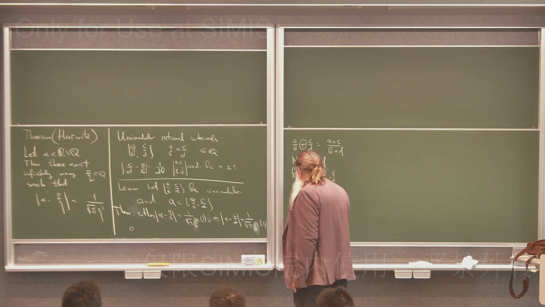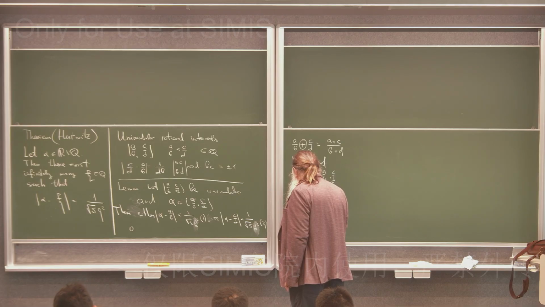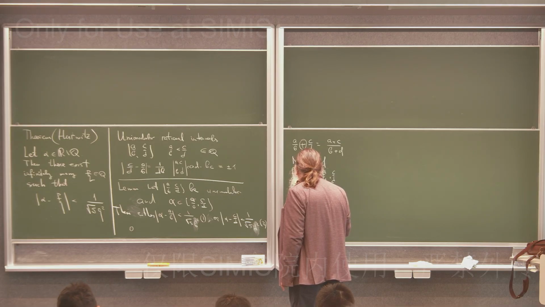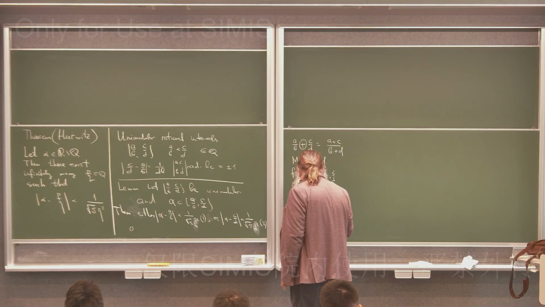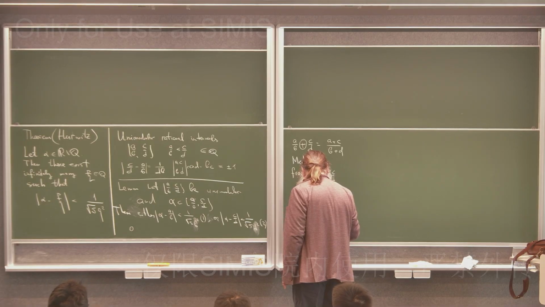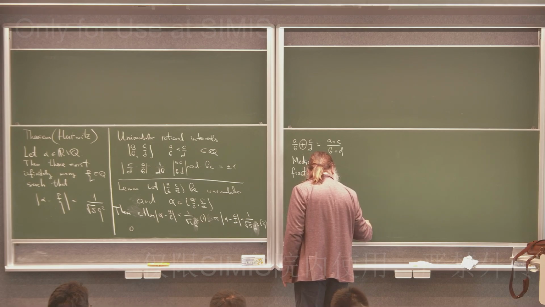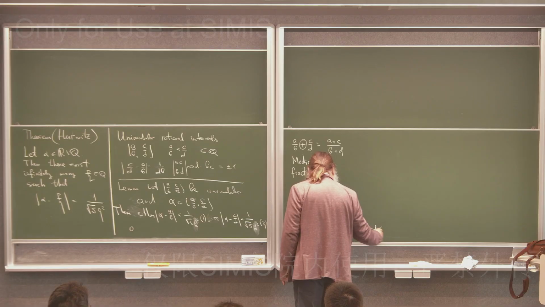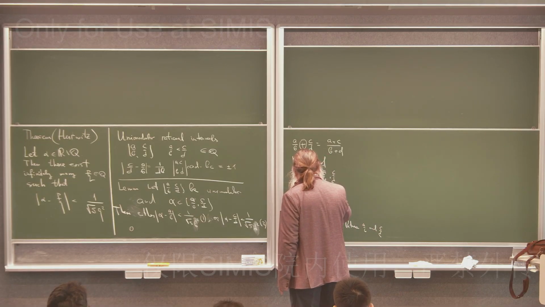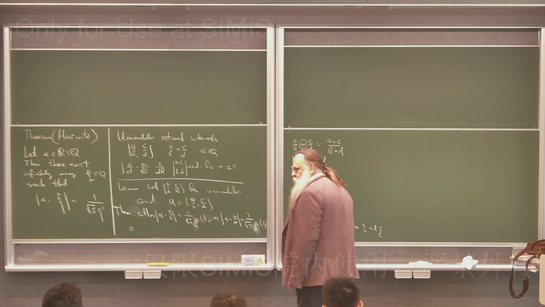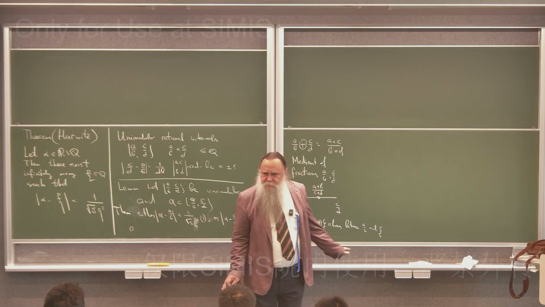So claim: AB plus CD always lies between AB and CD. So it is somewhere here. Okay? I think it is obvious. Yes?